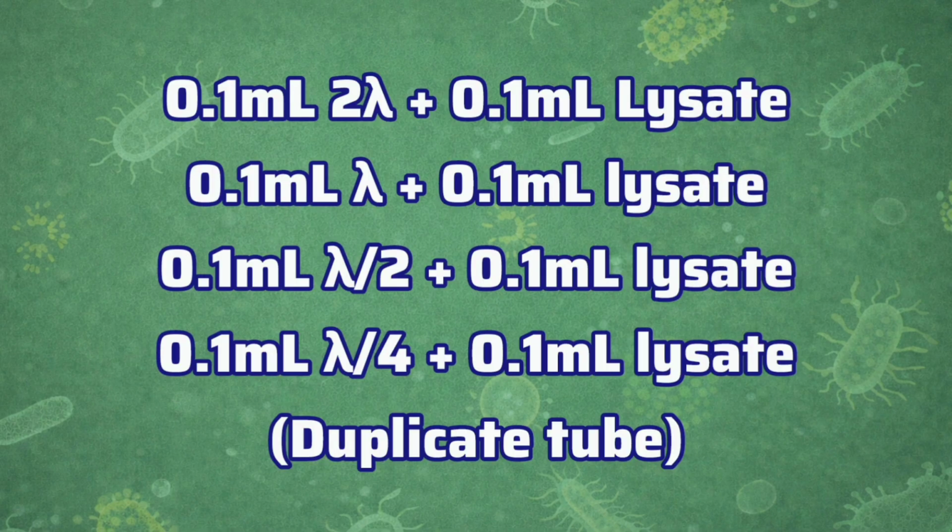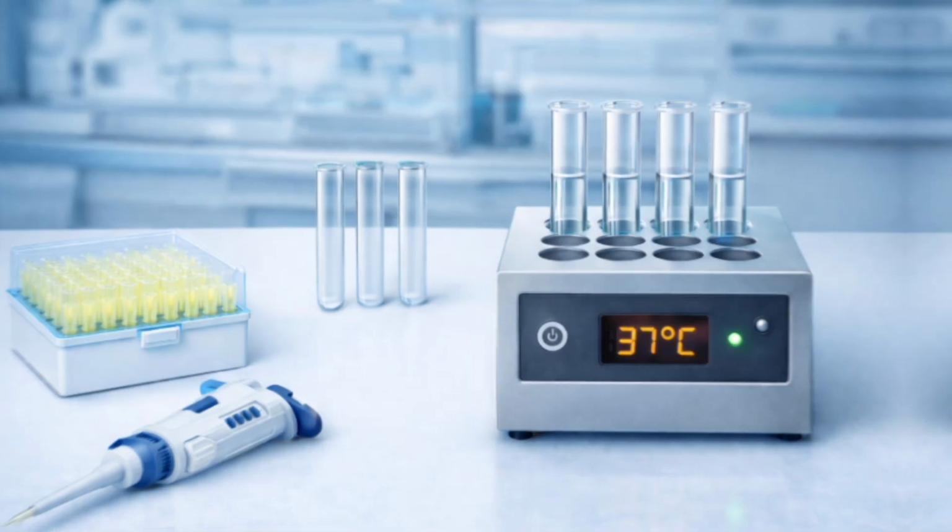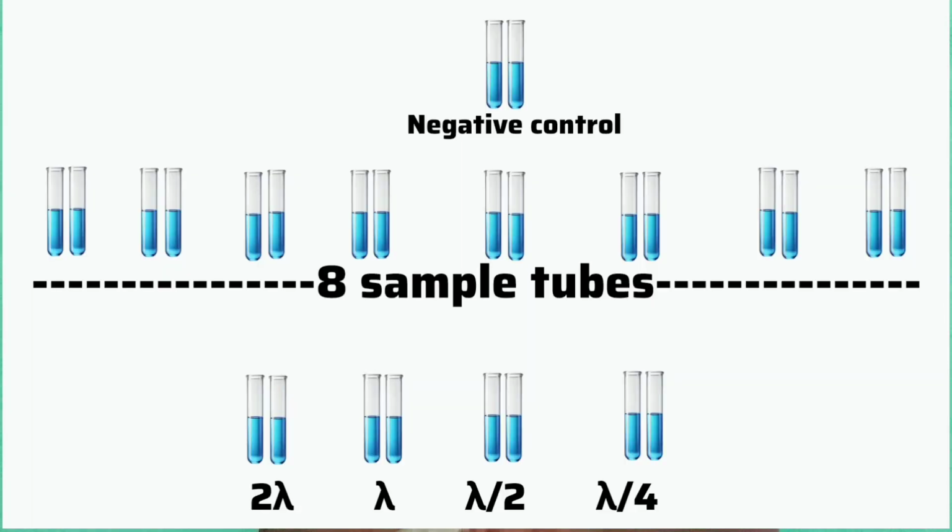For the standard curve, 0.1 ml of 2 lambda plus 0.1 ml of lysate, 0.1 ml of lambda plus 0.1 ml of lysate, and the same follows up to lambda by 4. Incubate all these tubes at 37 degrees Celsius for 1 hour. We incubated the negative control tube, 8 sample tubes and the control curve 2 lambda, lambda, lambda by 2 and lambda by 4 tubes.